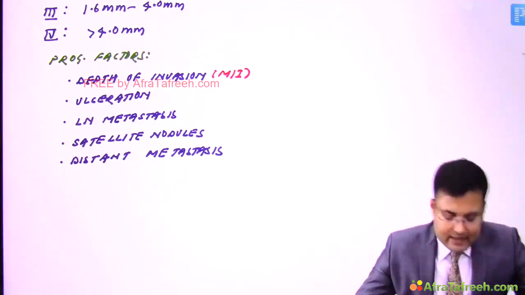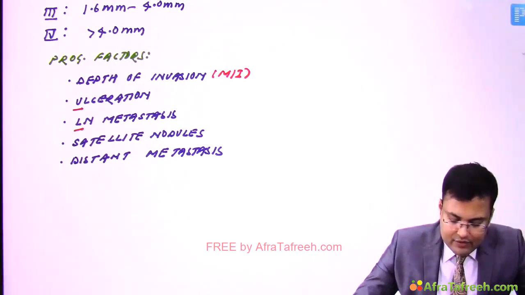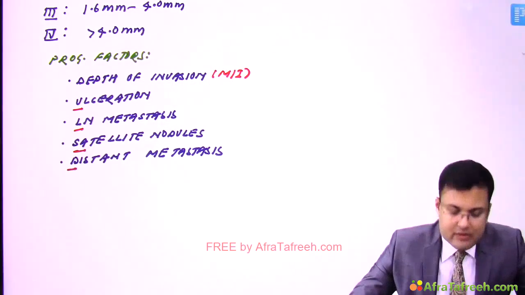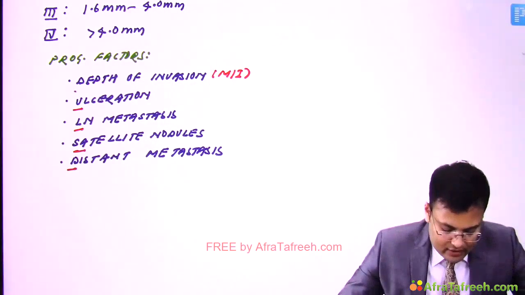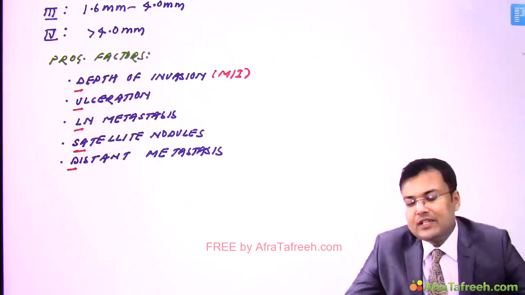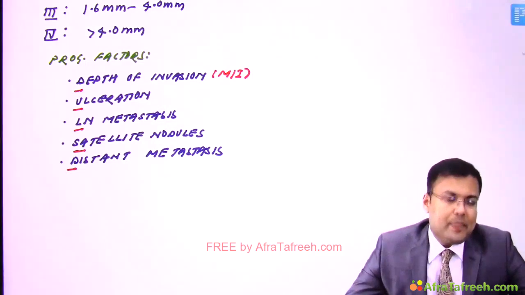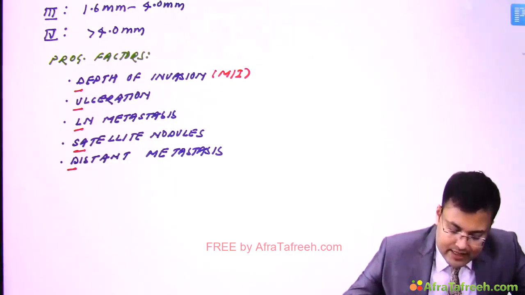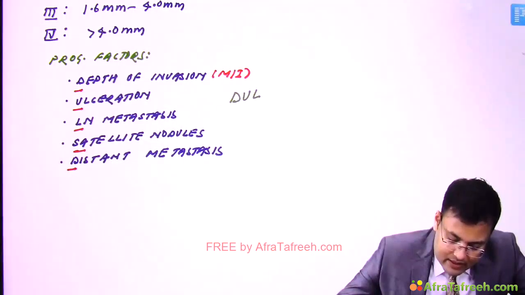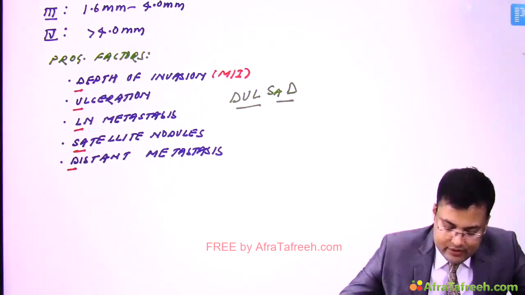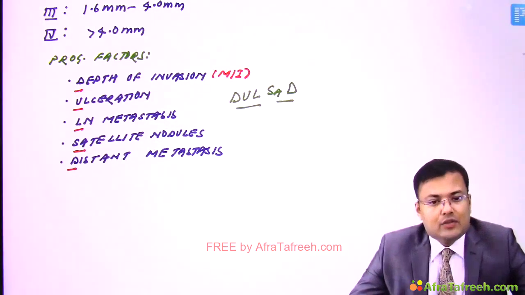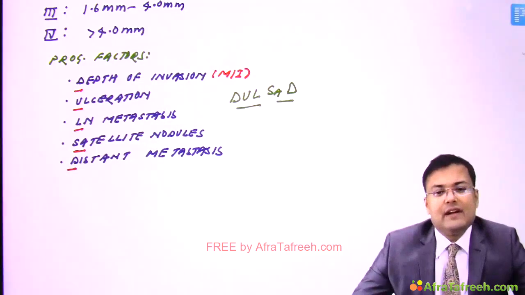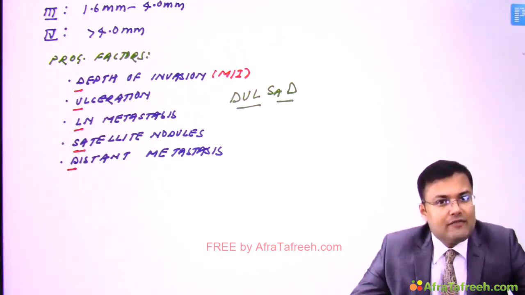Other prognostic factors are ulceration, lymph node metastasis, satellite nodules and distant metastasis. How to remember? It's very easy, and the mnemonic is DULL SAD. Can you see? DULL SAD. So what is the most important prognostic factor? That is depth of invasion.